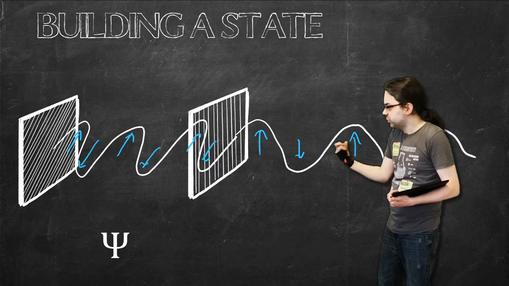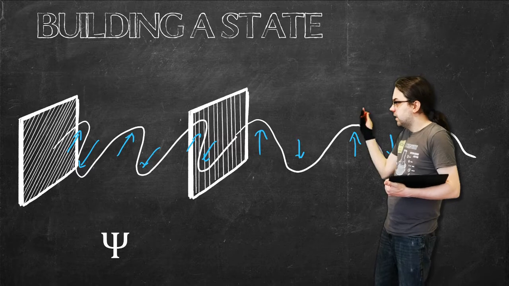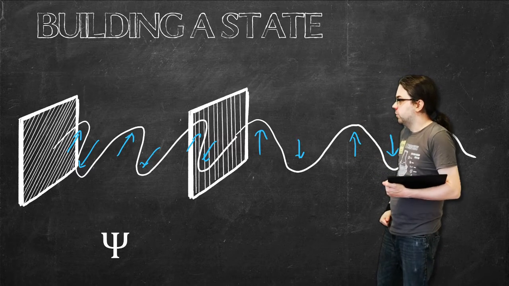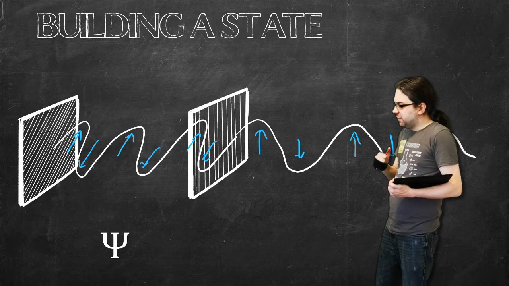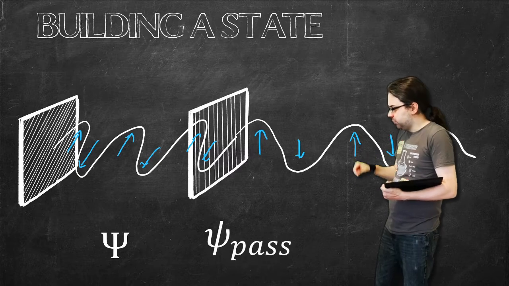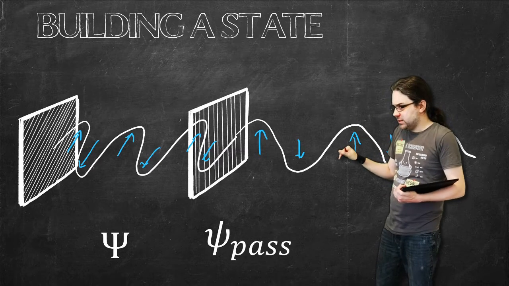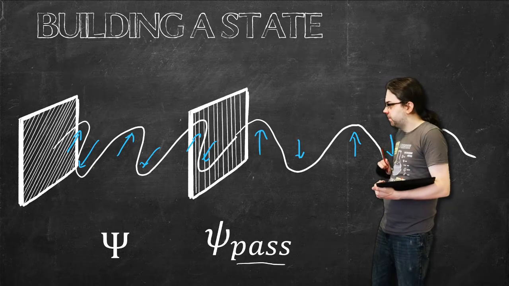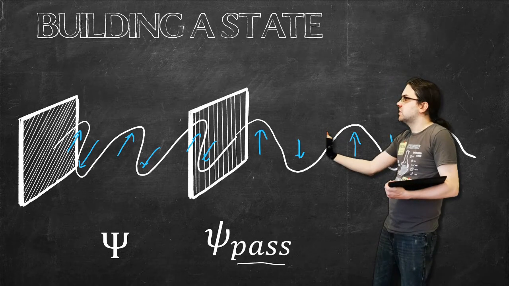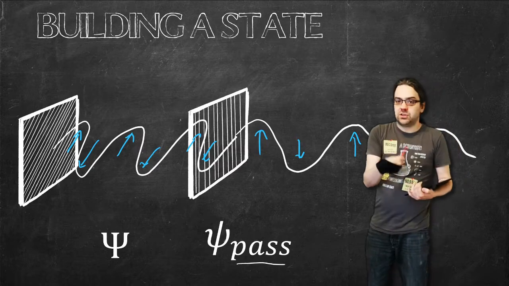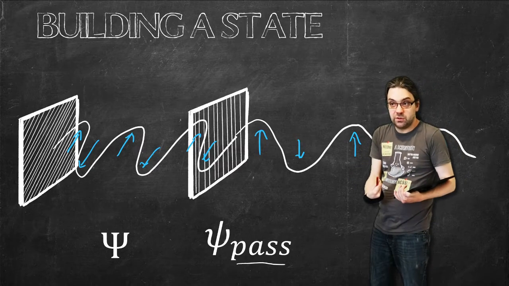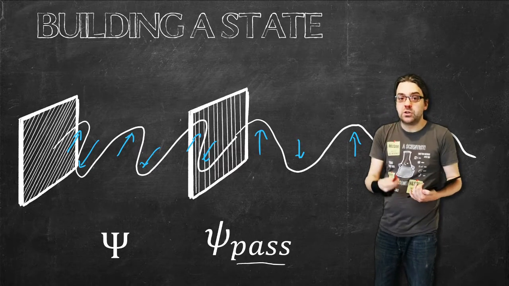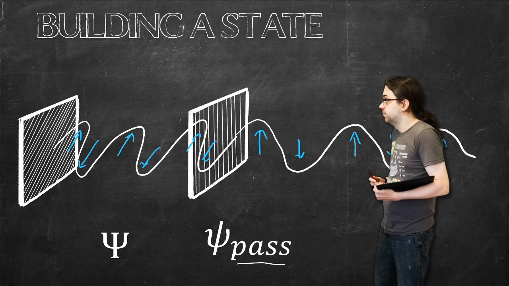That is a quantum state representing light going at a 45-degree angle. After that filter, we have a different quantum state. I'm going to use the lowercase psi for this with a subscript saying pass. So that is saying that it is in the state that can pass through the polarization filter. Any particle in that state can pass through the filter.